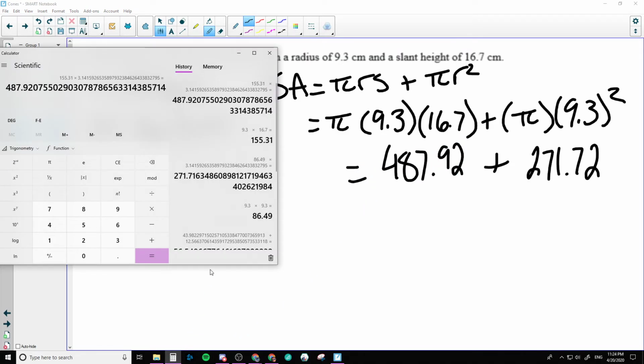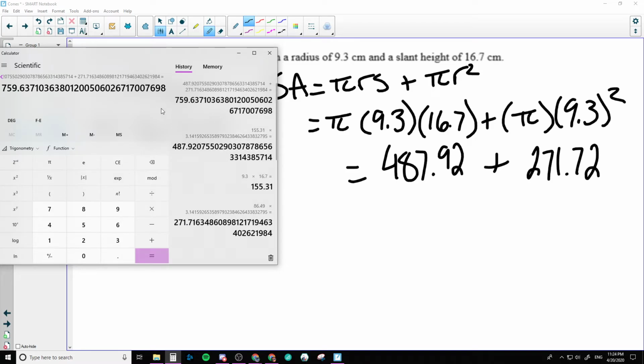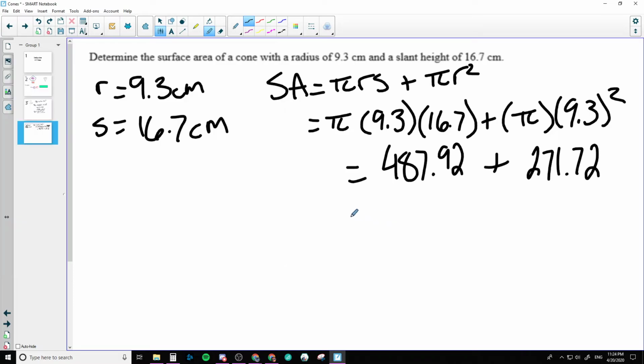And now we can add those together. And we get 759.64.